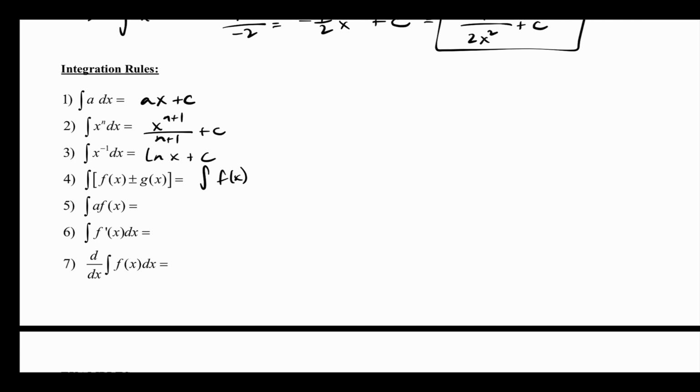So you find the antiderivative of f of x dx plus or minus g of x dx. They each get their own dx. The dx has no bearing on the answer. You don't do anything with the dx. It's just there because it's part of the antiderivative.